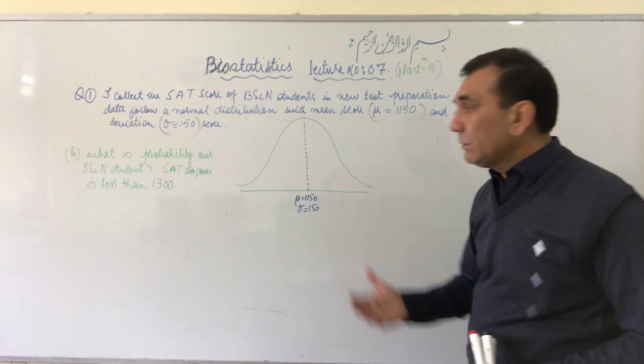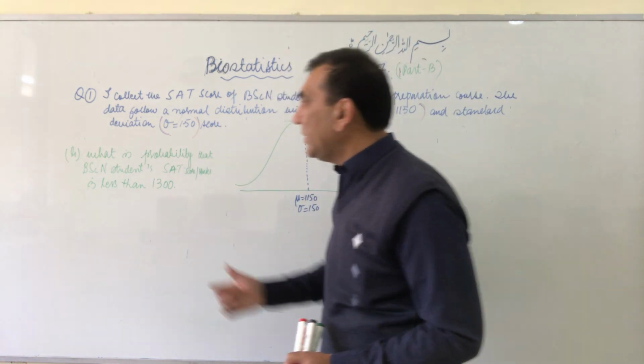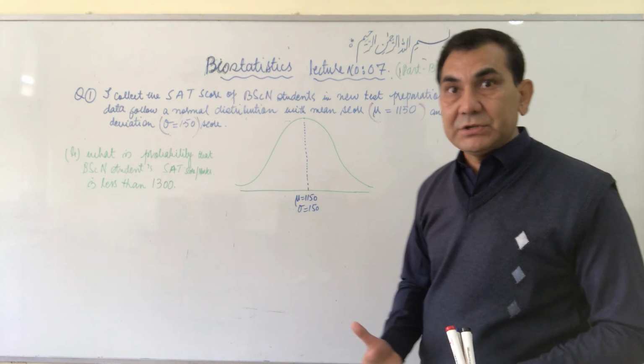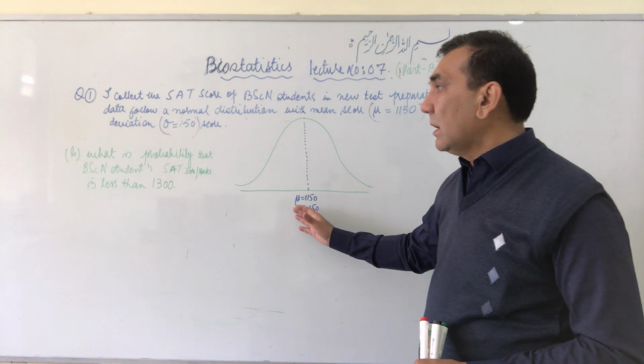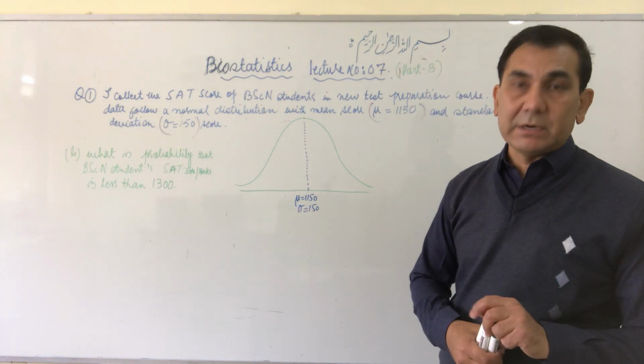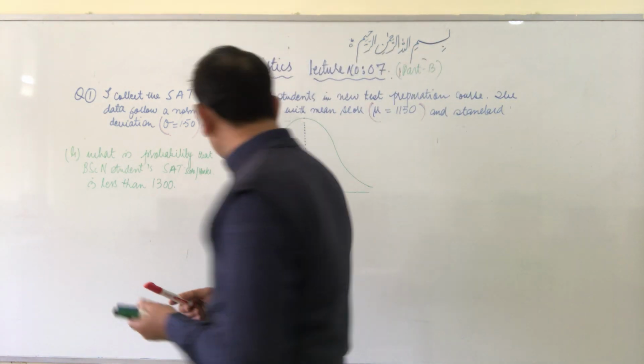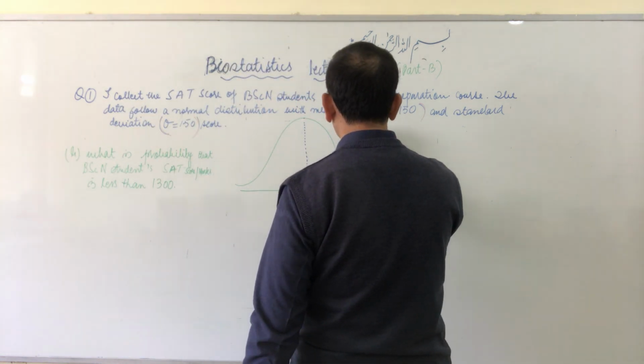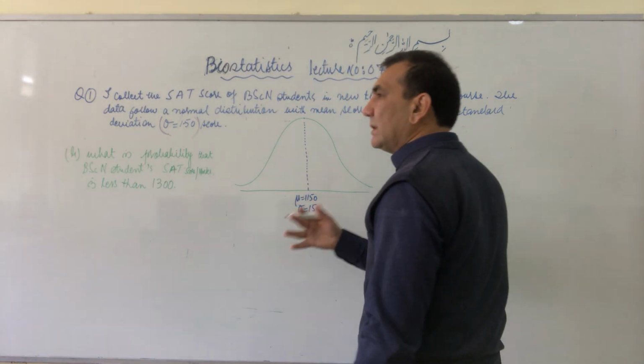Today we will learn the probability area that BSN students scored in the biostats test less than 1300 marks. We will solve it using three steps.